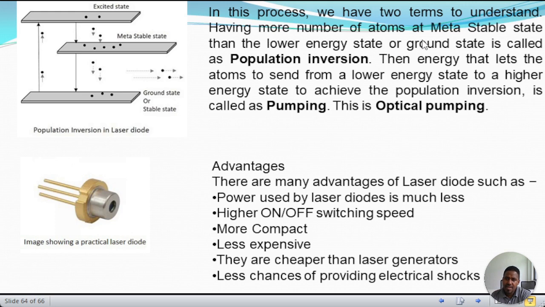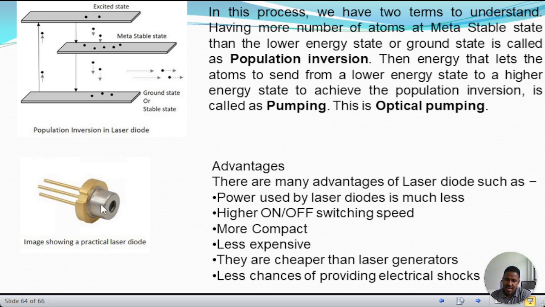Having more atoms at the metastable state than at the lower energy state or ground state is called population inversion. The energy that lifts the atom from a lower energy state to a higher energy state to achieve population inversion is called pumping. This is optical pumping.